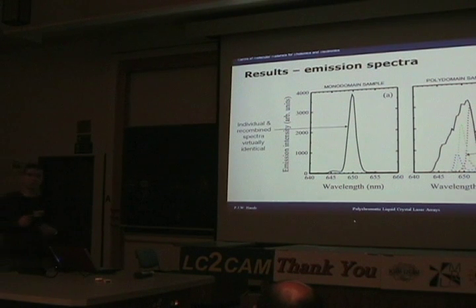However, if you make a good job of aligning your cell in monodomain across the entire active area, which is perfectly possible, a monodomain sample gives you emission spectra such that each of these broken lines lie on top of each other. There are actually plots on this graph, but they all emit exactly the same wavelength within the resolution of the spectrometer.